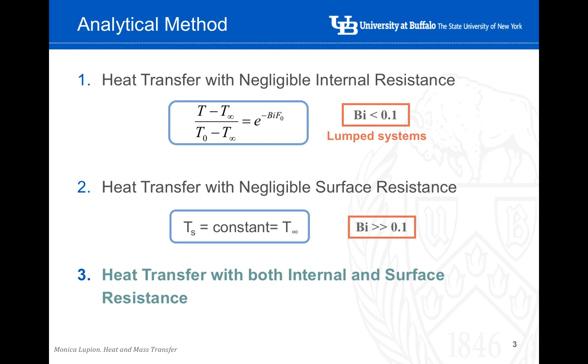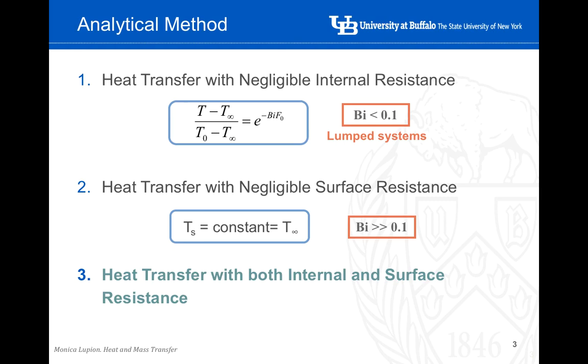In those cases, we can consider that the temperature over the surface of the fluid or the solid is constant and equal to T infinity. Since the surface resistance is very small, the Biot modulus in these cases has to be very large. So that's what we covered so far.